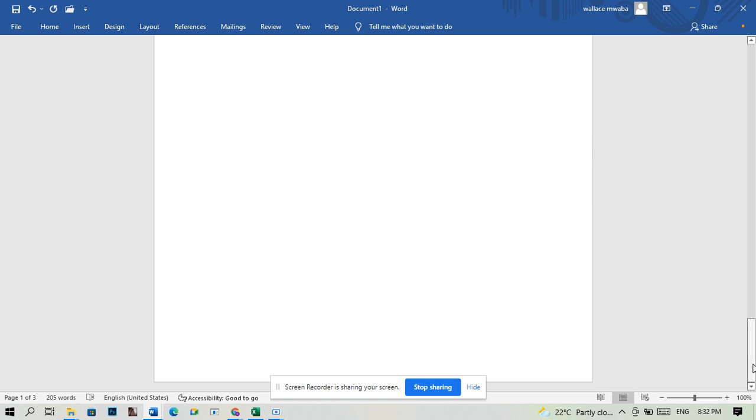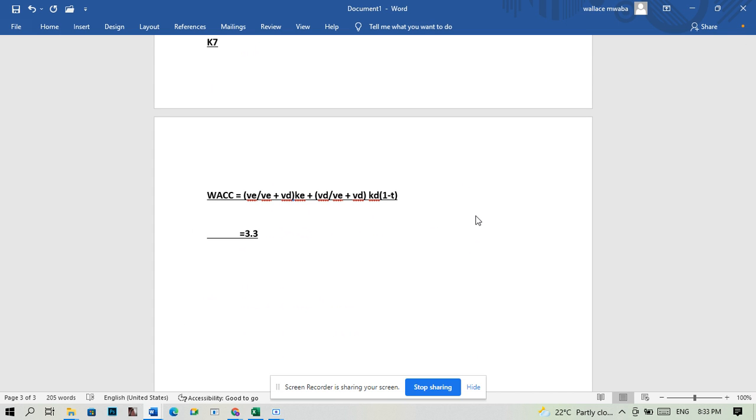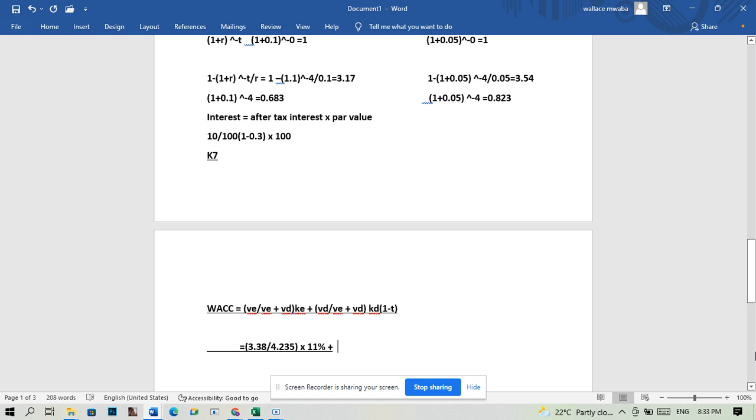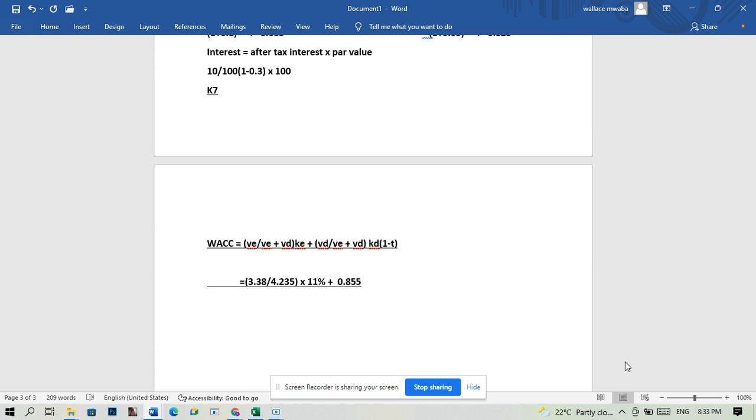All right. 3.38 divided by 4.235, okay, times cost of equity was 11%, so times 11%, all right, plus our VD was what? 0.855, right, divided by 4.235, times 9%.